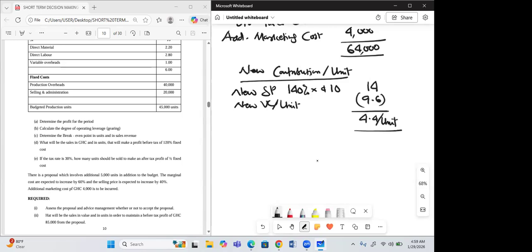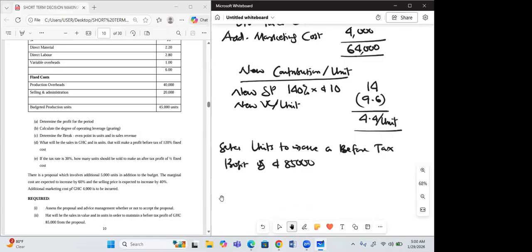So if the question is saying what will be the sales in units to make a before tax profit of 85,000, since we are looking for a before tax profit, what must we do?